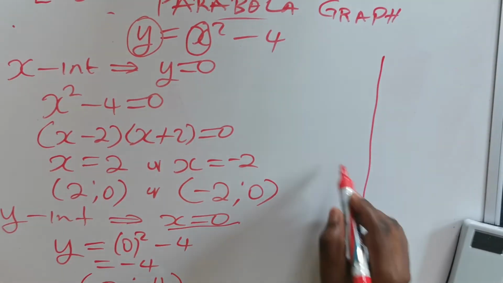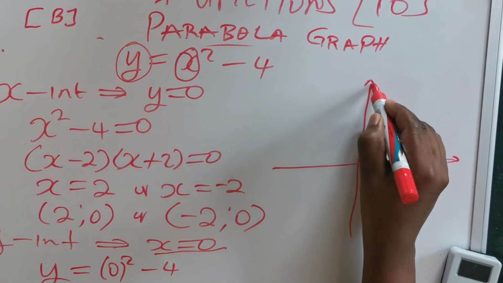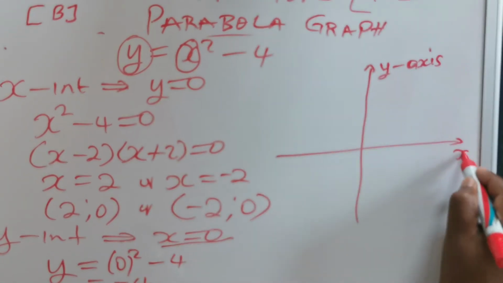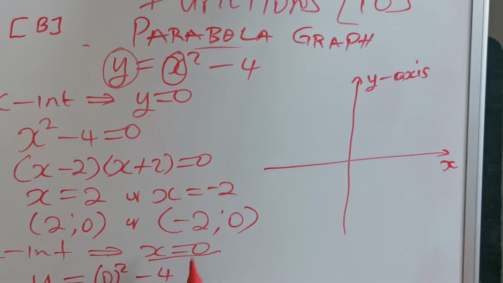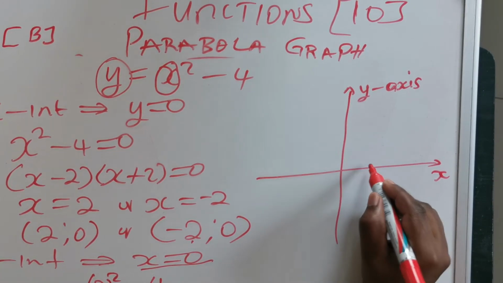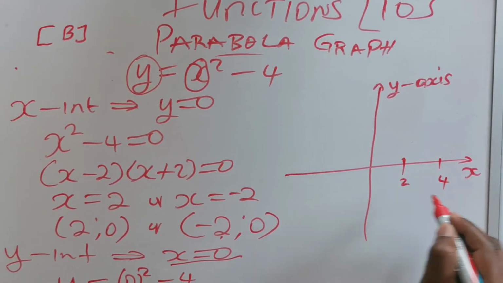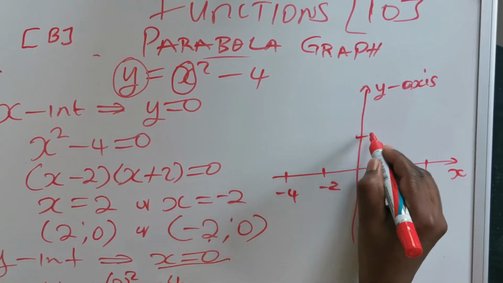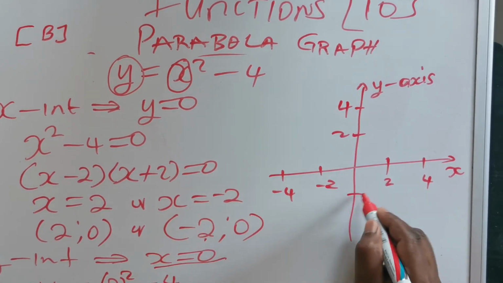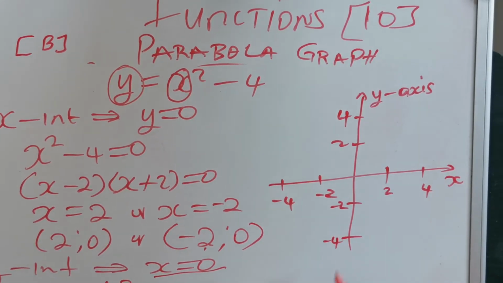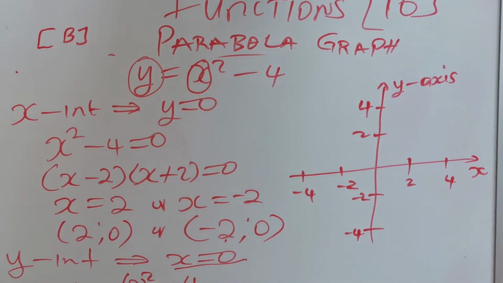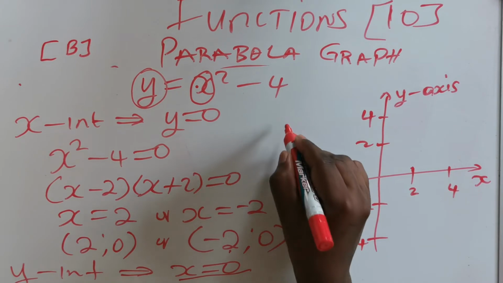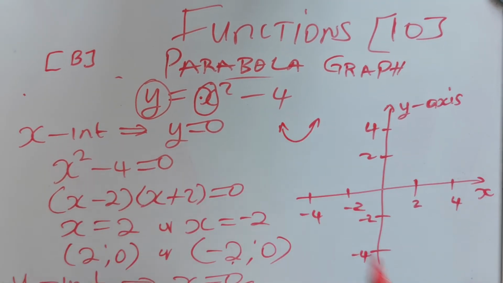Then let's look at the sketch of this one. This is our y-axis and this is our x-axis. We have negative 2 and 2, and we have 4 and negative 4. The first thing, before we sketch this one, is that your a is positive, which means this will be a smile face.